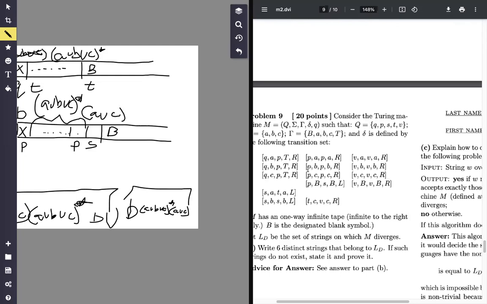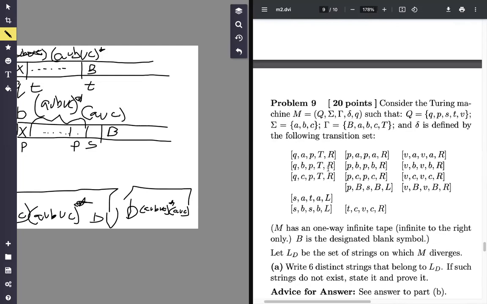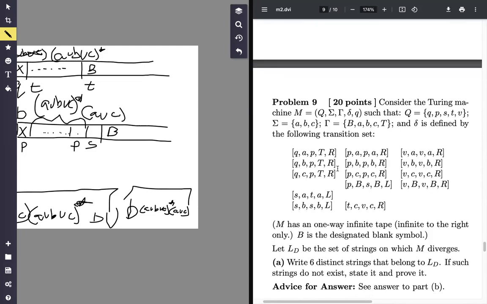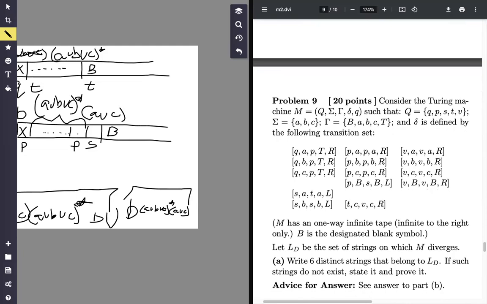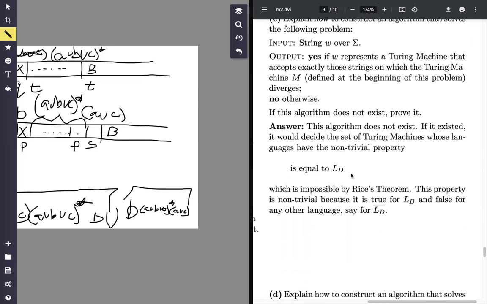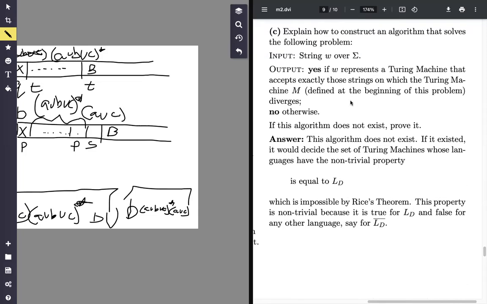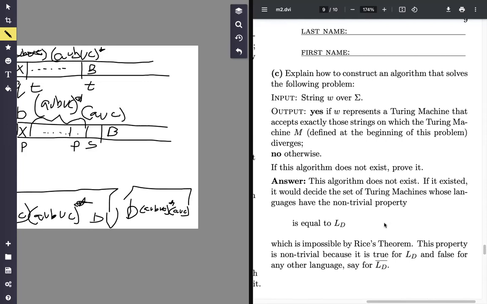Oh shit, these questions are 20 points. Clint says no because it doesn't follow structure or something along the lines. Oh, I just write doesn't exist due to Rice's theorem. Like if you look at this question, right? This algorithm does not exist. If it existed, it would blah blah blah, which is impossible by Rice's theorem. Right. So I would have got this question correct by just saying it doesn't exist due to Rice's theorem.